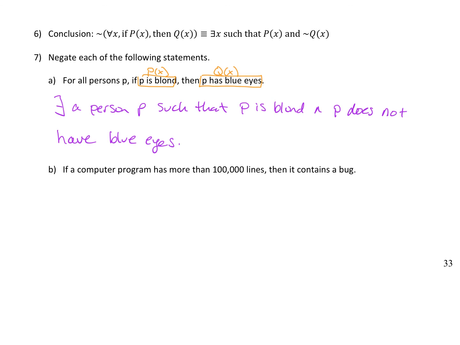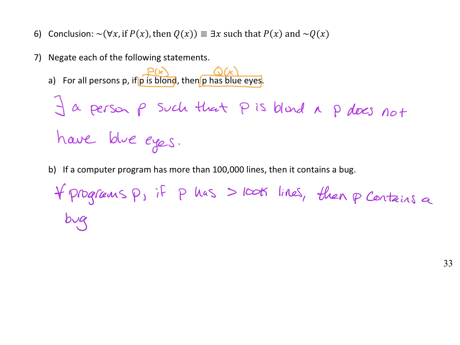It says that for all programs P, if P has greater than 100,000 lines, then P contains a bug. Okay, so I just rewrote it.